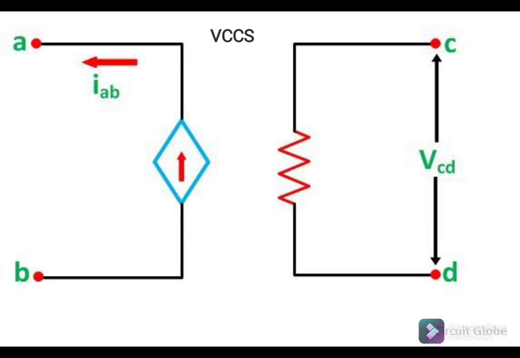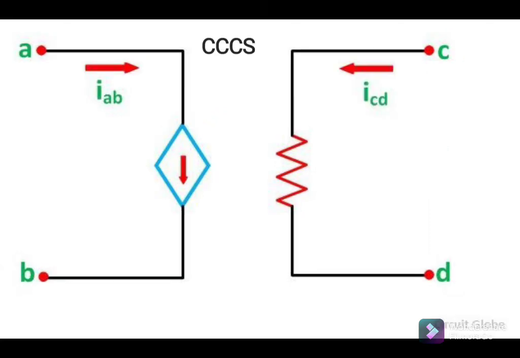The relation is that the source current IAB is directly proportional to the terminal voltage VCD. Last one, current controlled current source. It is clearly seen that the source current IAB is controlled by the terminal current ICD. So IAB is proportional to ICD.